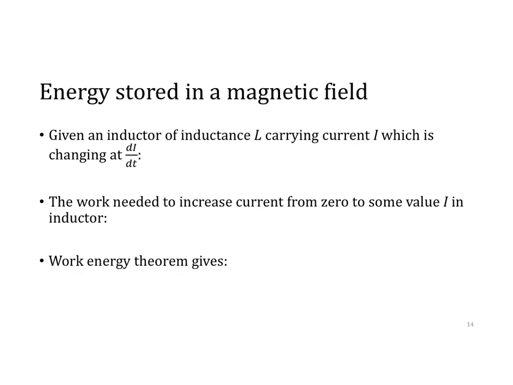So let's talk about the energy that gets stored in a magnetic field. Creating any kind of field is going to cause us to store energy, right? So if we just start out with an inductor that's got an inductance L carrying a current I, and that current is changing at a certain rate, we know that that inductor is using power.